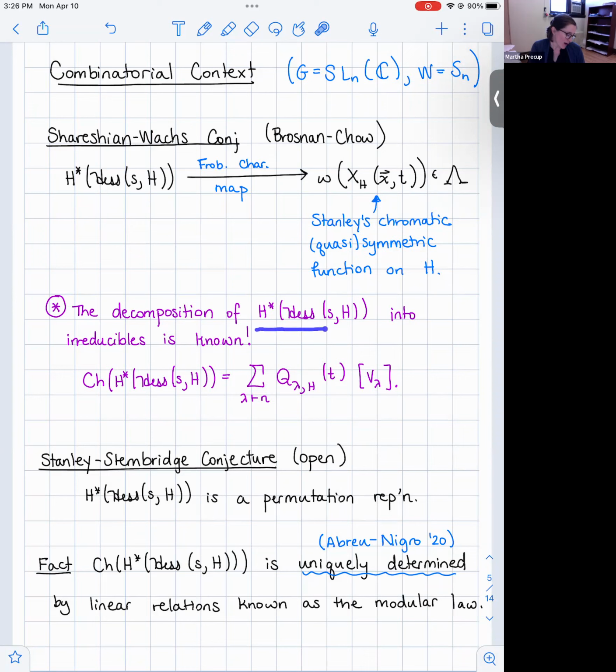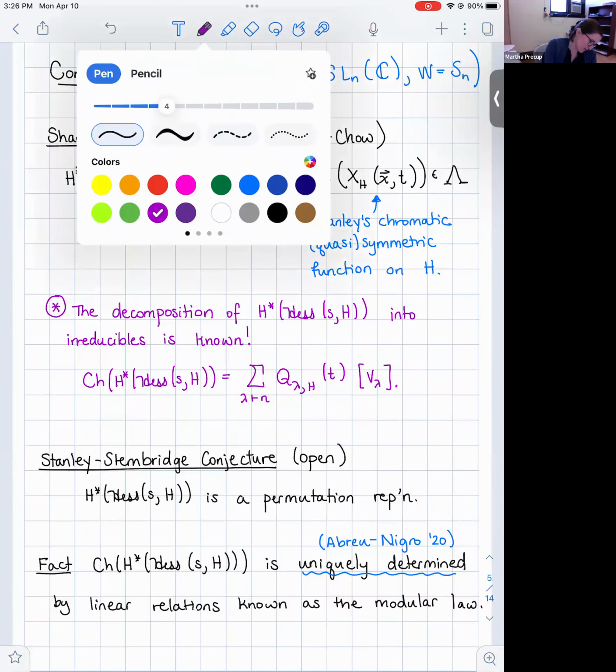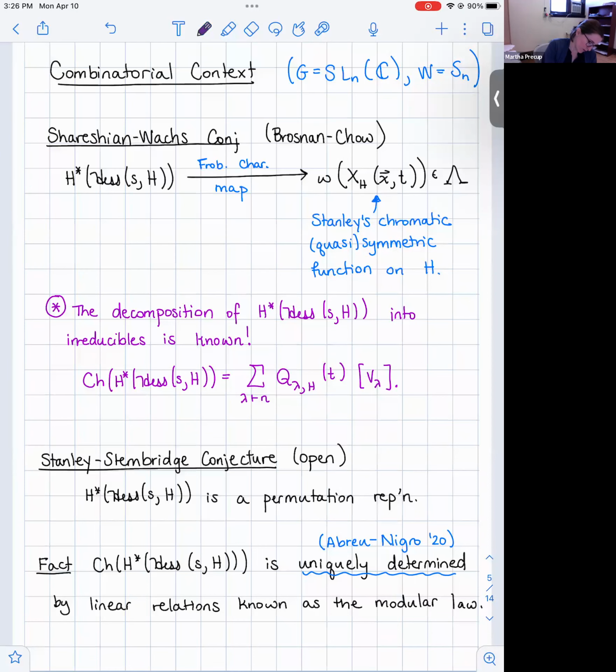So we actually know how to break down the dot action representation into irreducibles. It's simply because folks in combinatorics have studied this decomposition on the symmetric function side. And there's a very concrete combinatorial formula for what the polynomial appearing as the coefficient is.